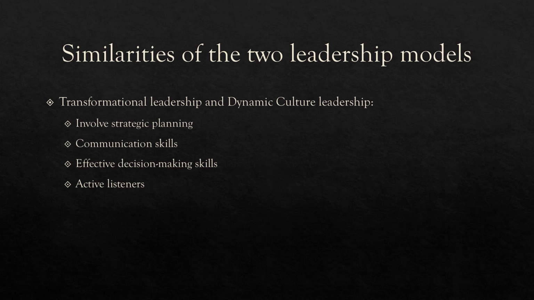Both models have effective decision-making skills, so they are both able to effectively make decisions between all team members and reach the goal they may have had. And lastly, both models demonstrate active listening. Listening to what their employees have to say is very crucial and important in both transformational leadership and dynamic culture leadership.